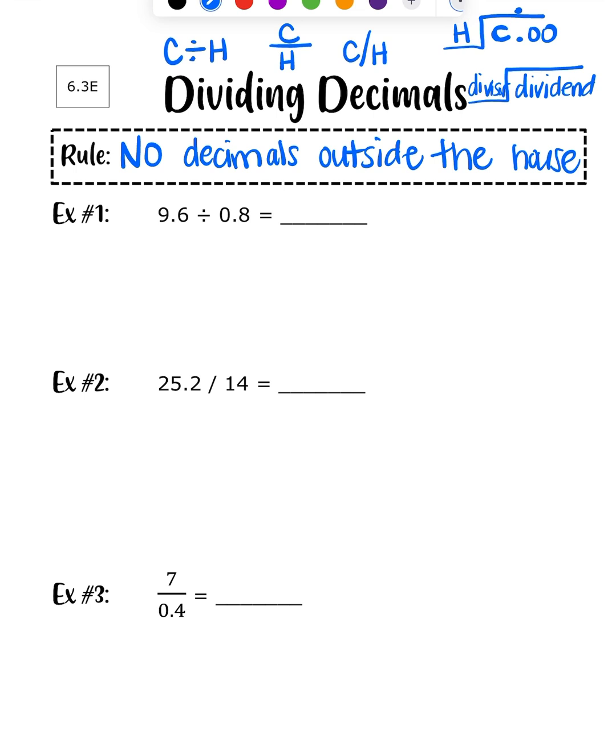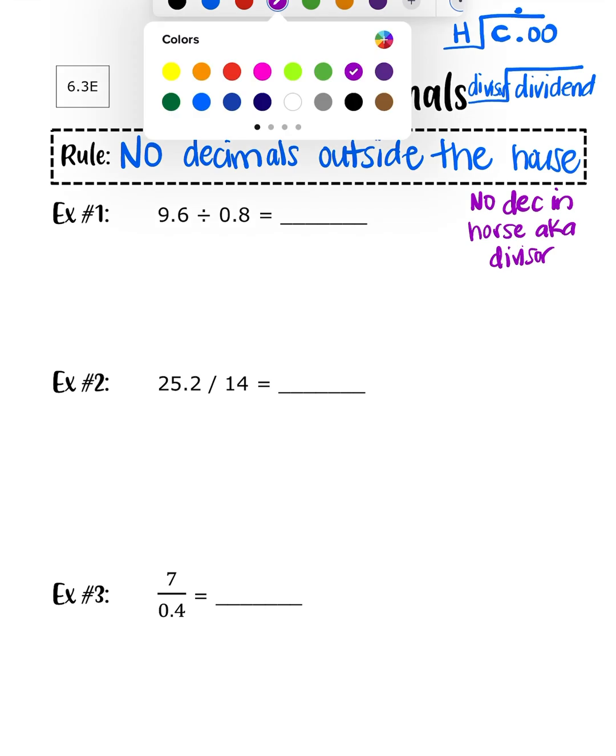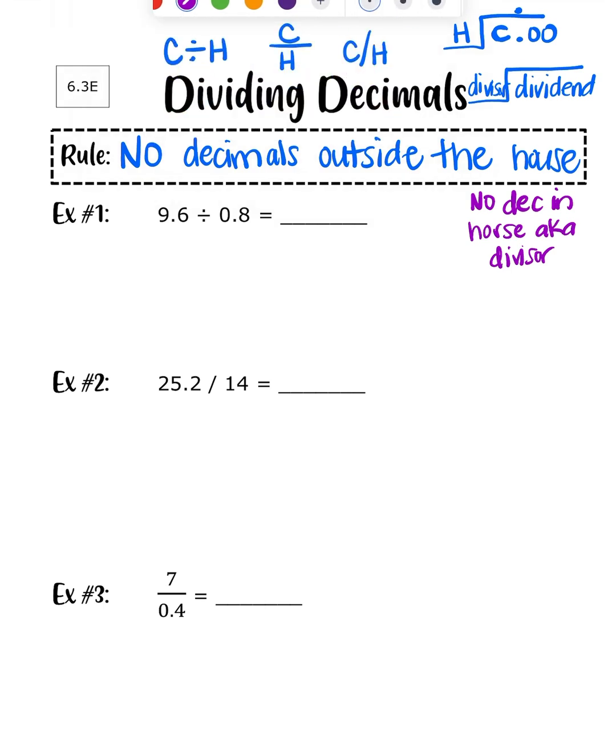That means no decimals in the horse, aka the divisor. So I'm going to write that. No decimal in the horse, which is your divisor. Okay, so just make yourself a note.